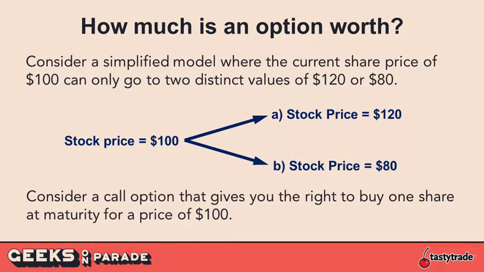Now, if you had the chance to get a call option on that stock, a call option that gives you the right to buy one share, how much would you pay for that option? I'm going to sweeten the pot a little bit, and give you a bit more information. Let's assume there's some sort of probability.